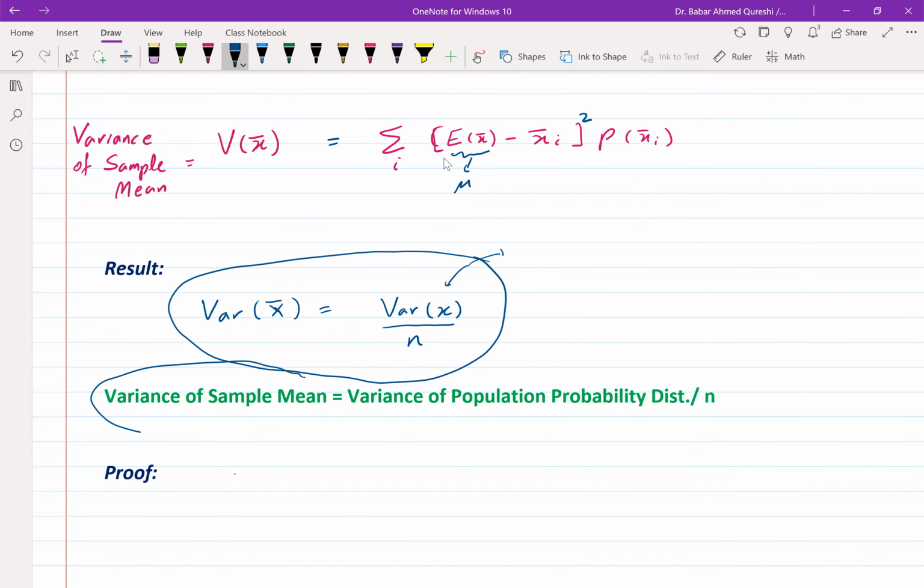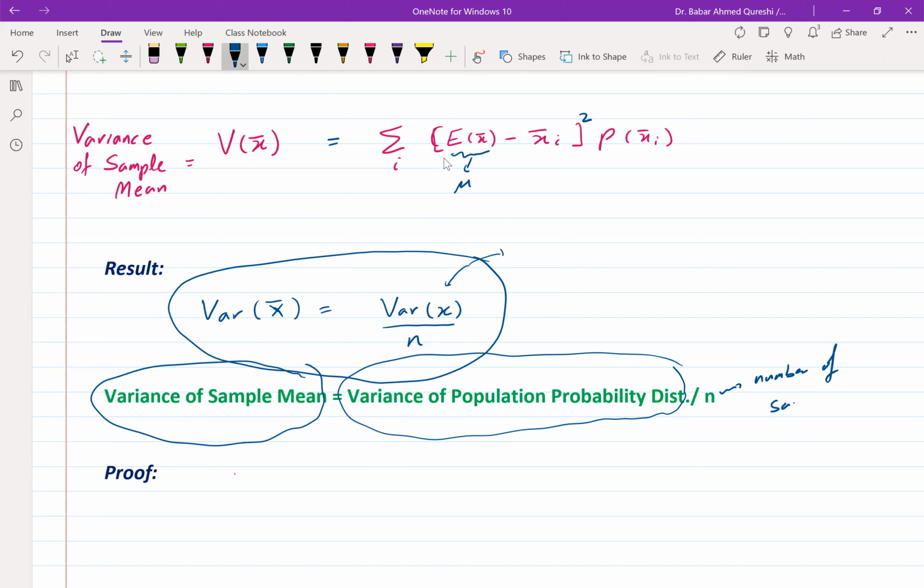So variance of sample means is variance of probability distribution divided by n, where n is, no, sorry, not the number of samples, the size of the sample.